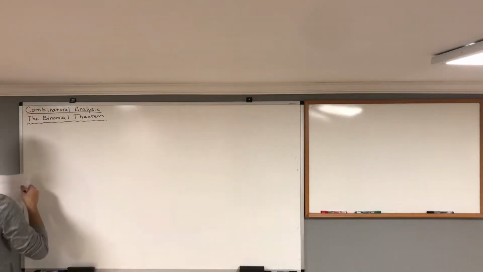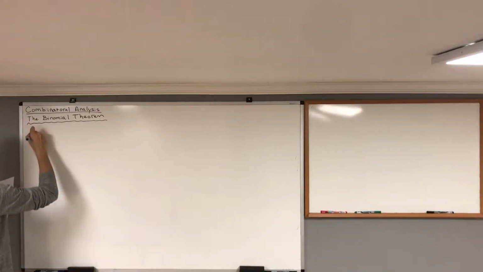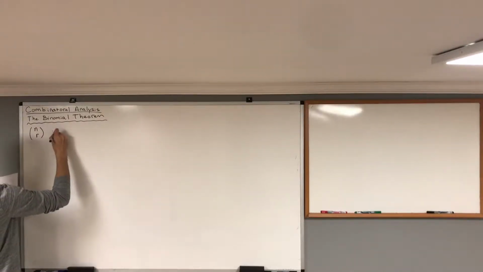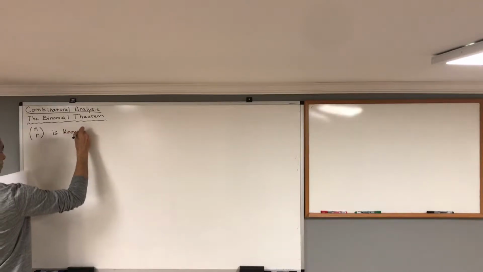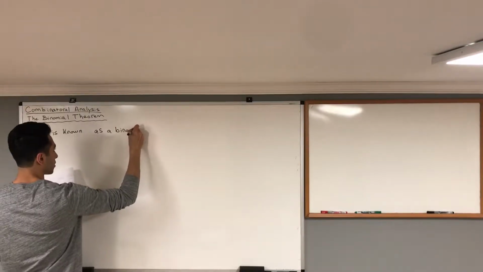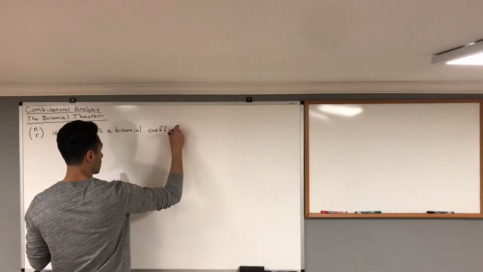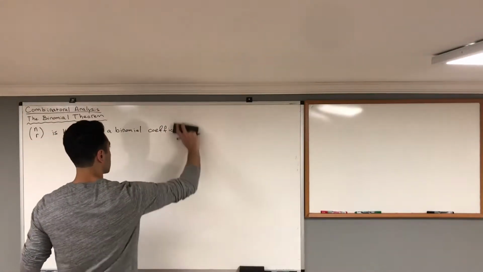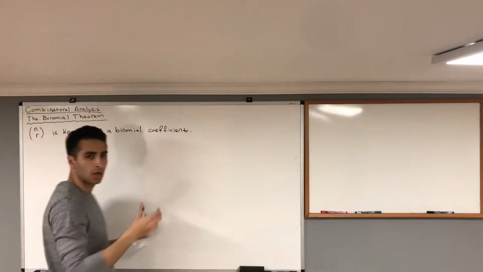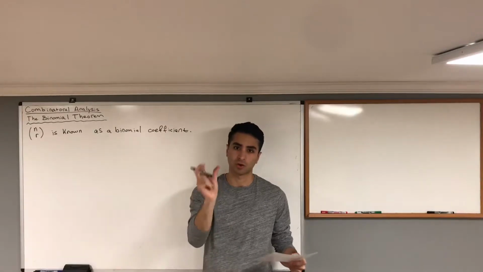So the binomial theorem is up first. The first thing you should know before we actually state the theorem is this. N choose R is known as a binomial coefficient. Coefficient usually means a number that's in front of a variable, so like 3x squared, the 3 is the coefficient.